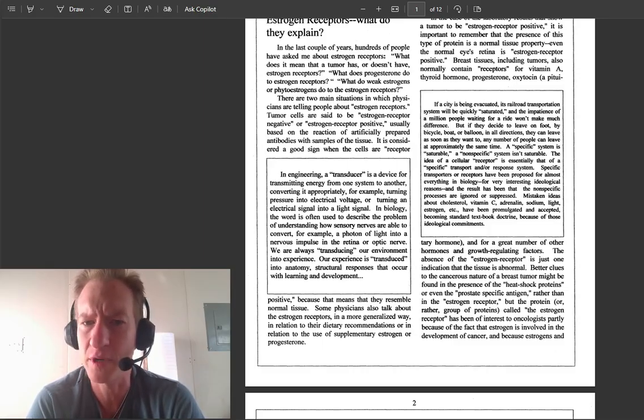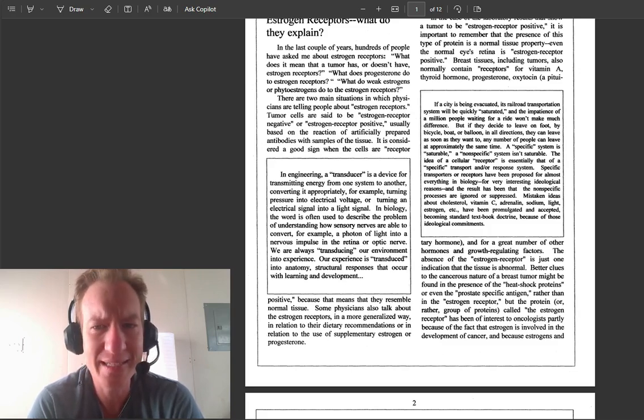Any number of people can leave at approximately the same time. A "specific" system is "saturable." A "non-specific" system is not saturable. The idea of a cellular "receptor" is essentially that of a "specific" transport and/or response system.